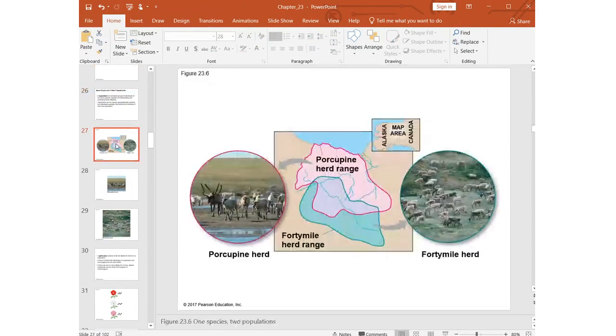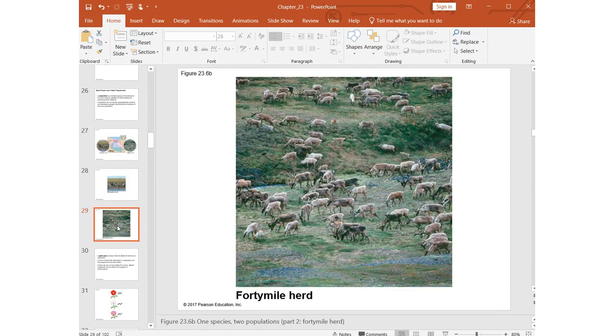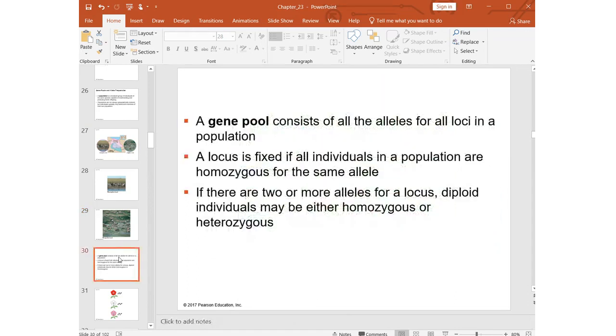And so here, for example, you see a herd up in an area that borders Alaska and Canada. You see there's two different herds of caribou. Here's the Porcupine herd in the Porcupine area. And then there's the 40-Mile herd in the 40-Mile area. An up-close view of the Porcupine herd, an up-close view of the 40-Mile herd of caribou.